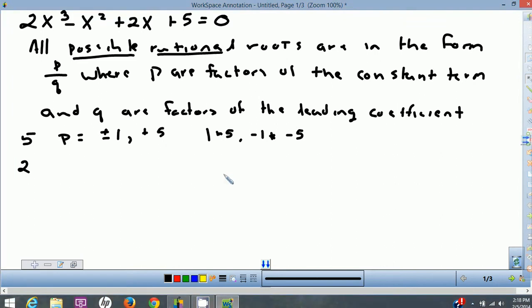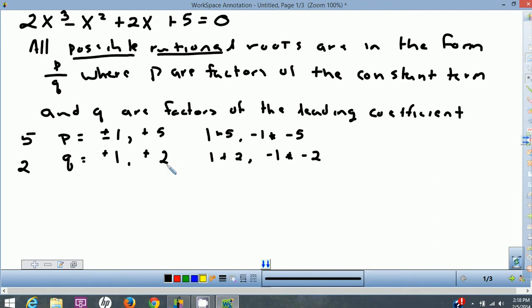Let's do the same thing with our 2. Q would be the factors of this leading coefficient. The only way to make 2 is 1 times 2, or -1 times -2. So I can list my factors of Q as being positive and -1 and positive and -2.